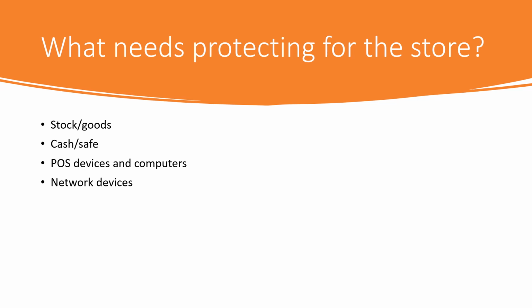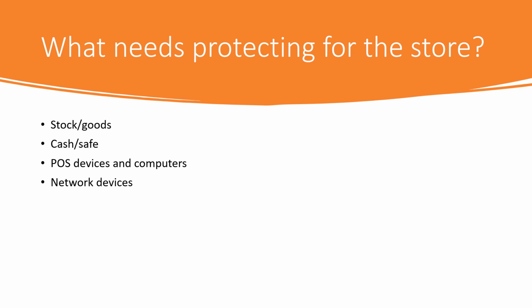What needs protecting for the store, as in a typical store? One of the main things are the stocks and goods, as without these, you basically have no store because they form the basis of what the store is about and the services they offer. Then you have cash or a safe where you have important documents and cash.